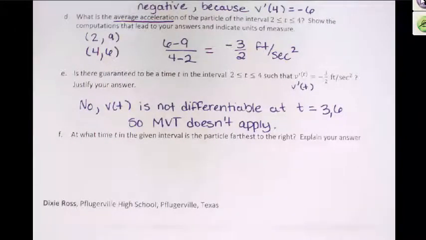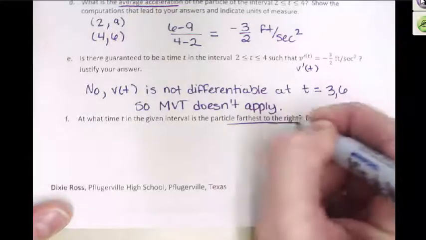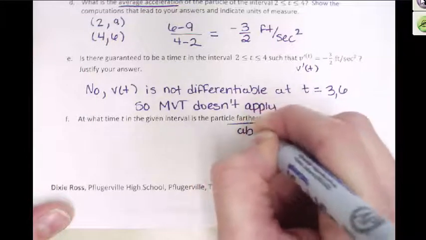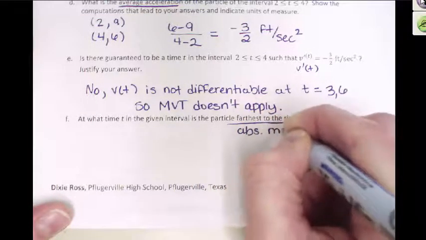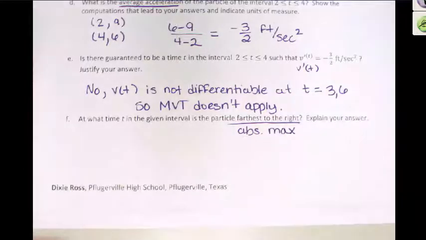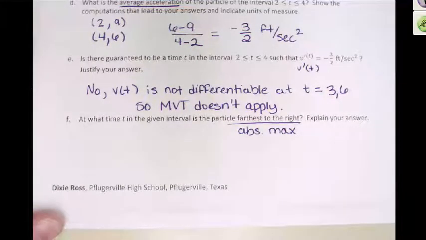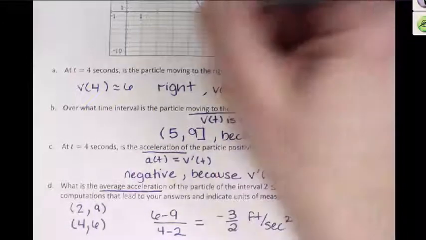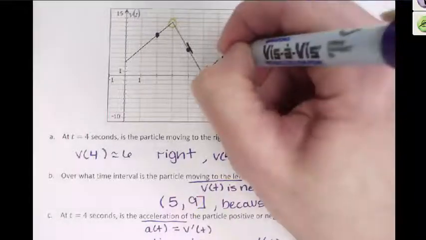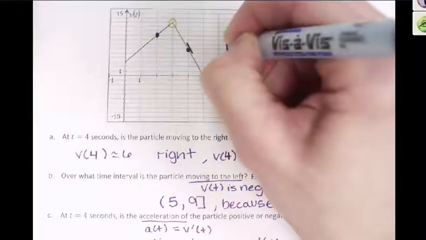Then F says, at what time t is the particle farthest to the right? In other words, they're asking us for an absolute maximum. Right would be a maximum. Farthest to the left would be a minimum, okay? So we have to deal with the area. If we go back up here and look at this graph, first of all, if you look at your critical points right here, you know you're going to have a local max at 5, okay?